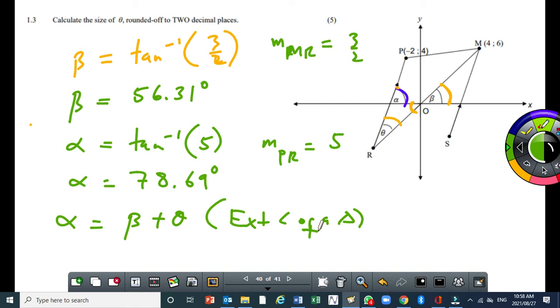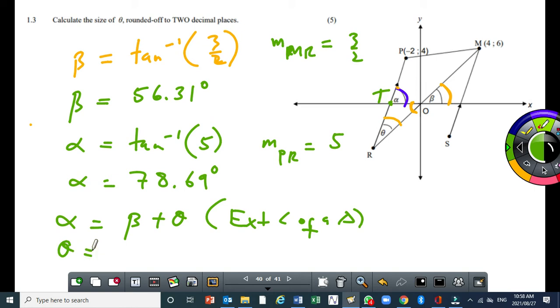I can call this point here, maybe point T. So angle TOR is going to be equal to beta. Why? Because it's vertically opposite to that beta in the other triangle. Are you following that? So here we can write theta is equal to beta.